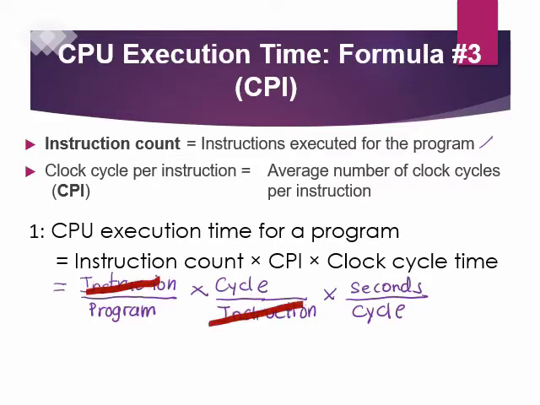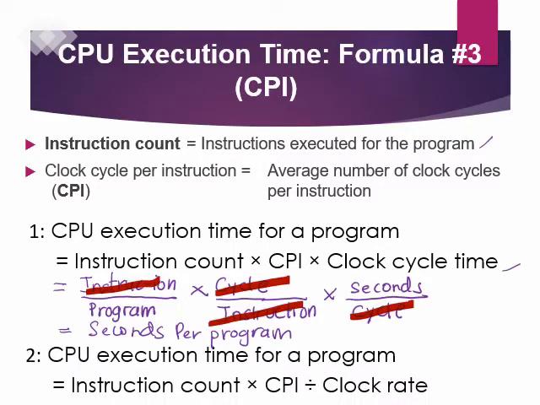What else? Cycle, cycle. So what do you end up with? You end up with seconds per program, which is what CPU execution time is. If we use clock cycle time, we can also use clock rate, and this is the formula. Easy, isn't it?